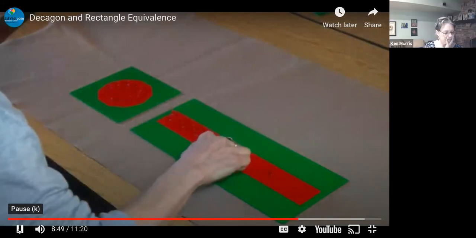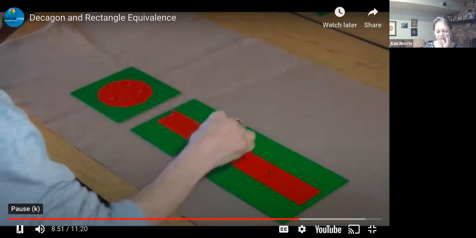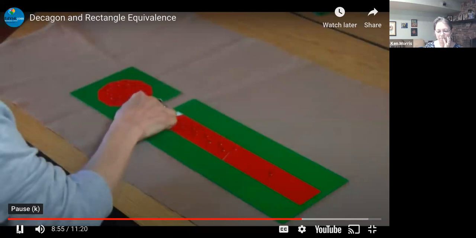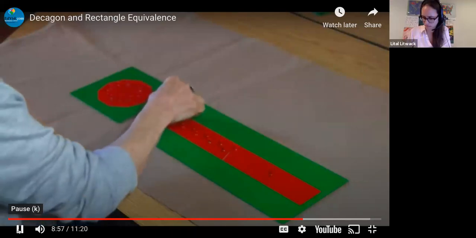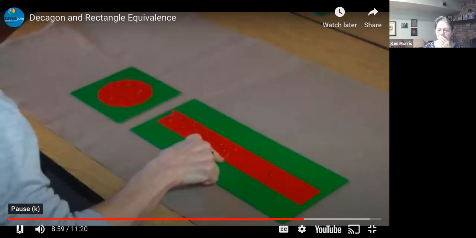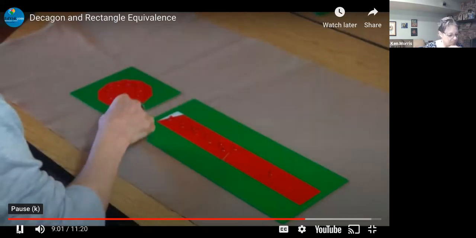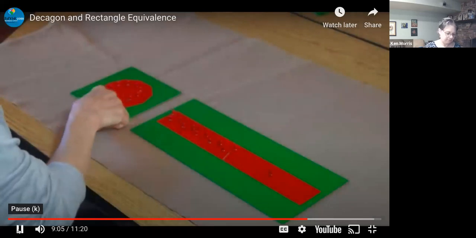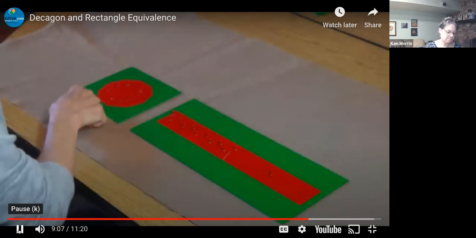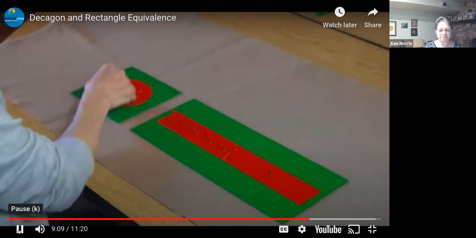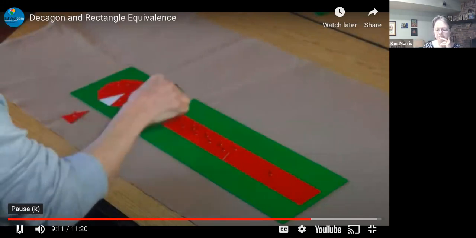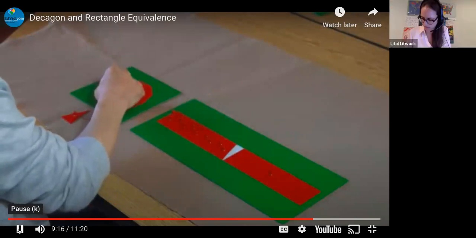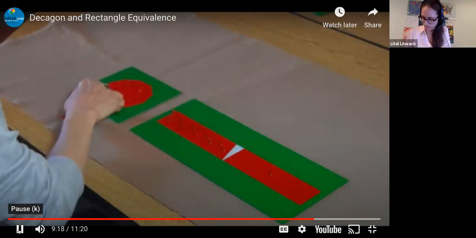And this distance is the height of the rectangle. We can also see it here. So on the rectangle, we have its base and its height. And on the decagon, we have its perimeter, its side, and the apothem.